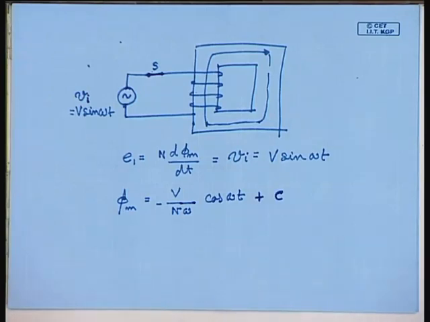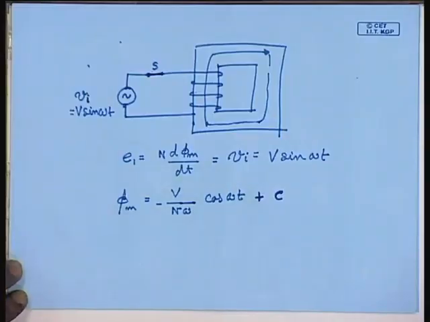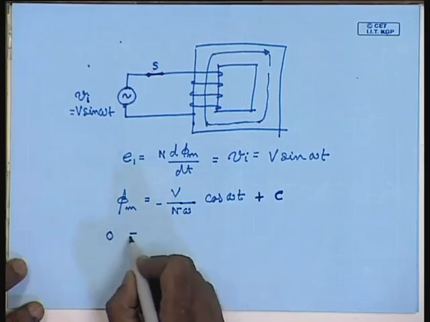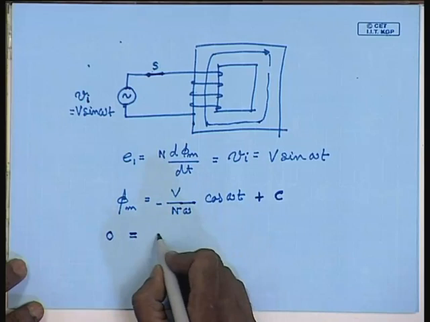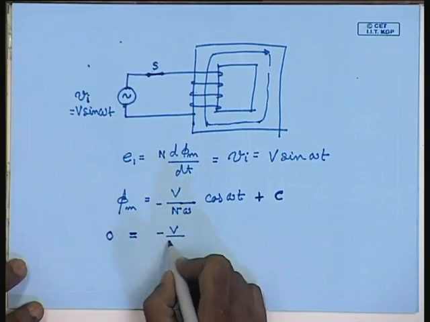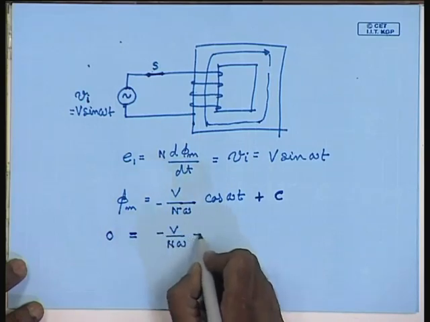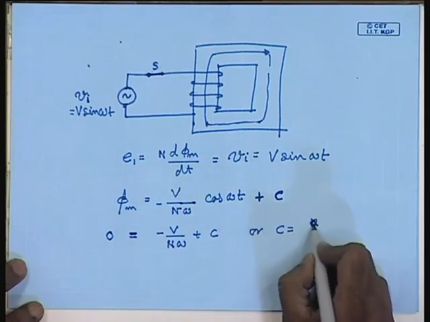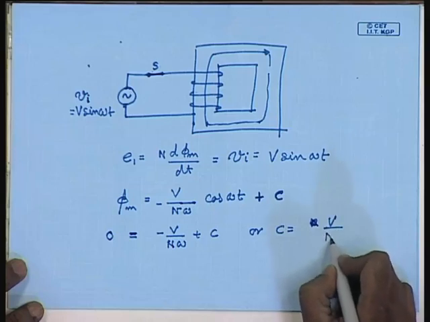At time t equal to 0, one would expect that the core is de-energized. So, phi m at time t equal to 0 may be assumed to be 0. So, at time t equal to 0, C equal to V divided by N omega.